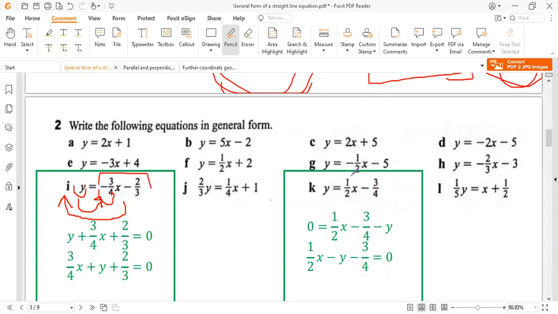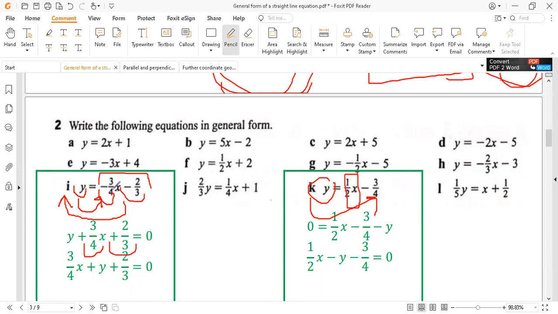But for example with 1/2 x, it is easier to move y to the side of the other terms. So when moving -3/4 x, we obtain a +3/4 x, and for -2/3 we obtain +2/3.